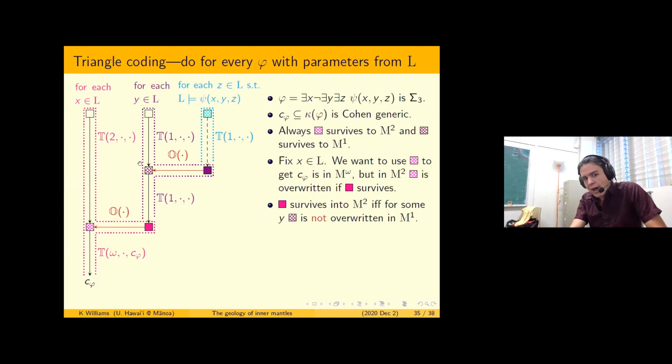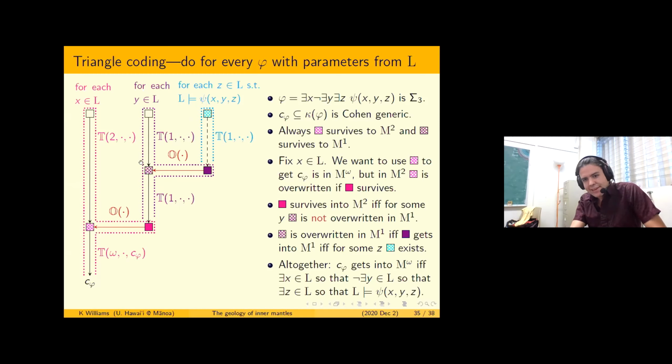Because if for some y this survived, then we can recover this whole thing and the whole thing was overwritten. Okay, so when was this overwritten? Well, this is overwritten if and only if this coding block was in the first inner mantle. When is this coding block in the first inner mantle? Well, if this existed for some z. So in other words, this guy got overwritten if and only if there was some z so that L thinks C of x, y, z.